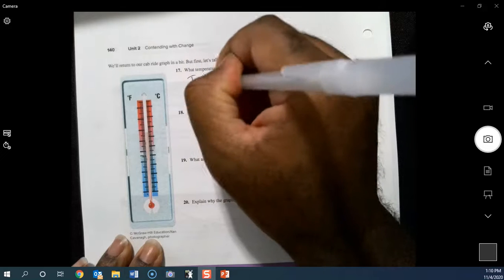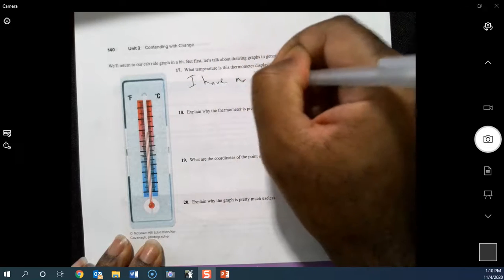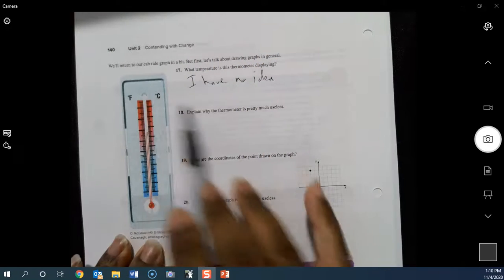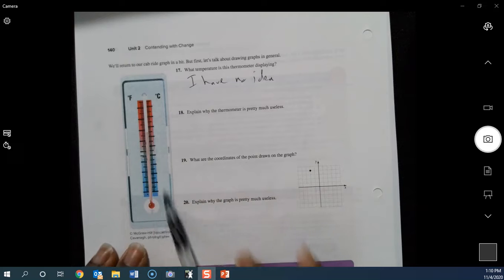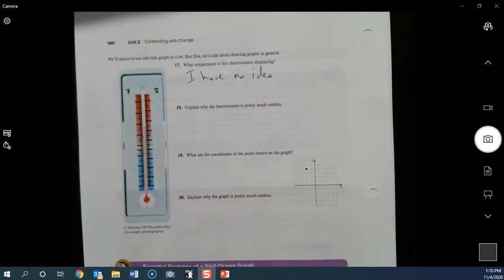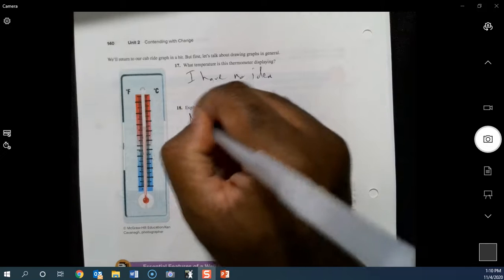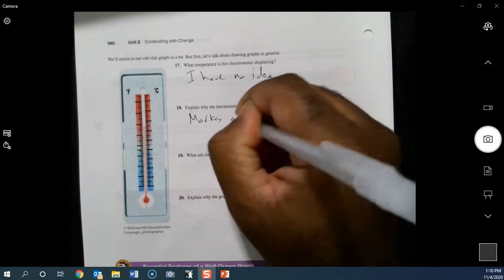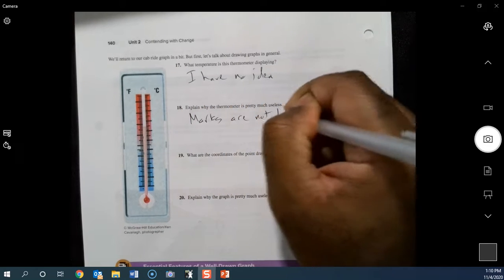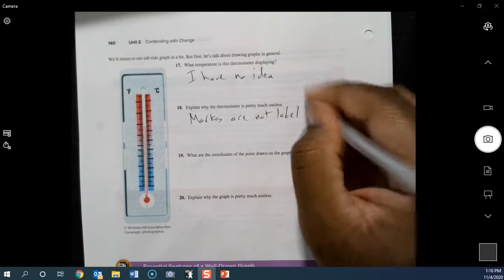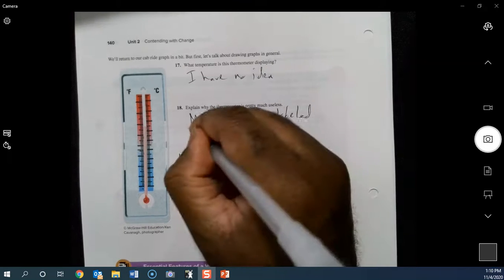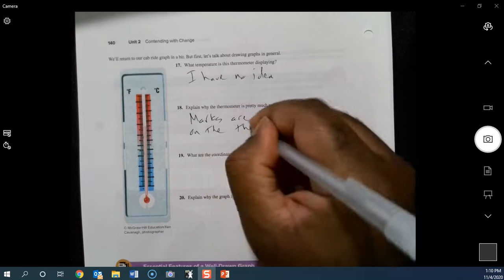I have no idea. And the reason why I don't have any idea is because this is not marked with any number, so I don't know what the temperature is. 18, explain why the thermometer is pretty much useless. Marks are not labeled on the thermometer.